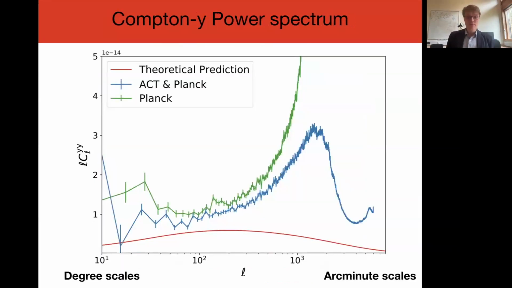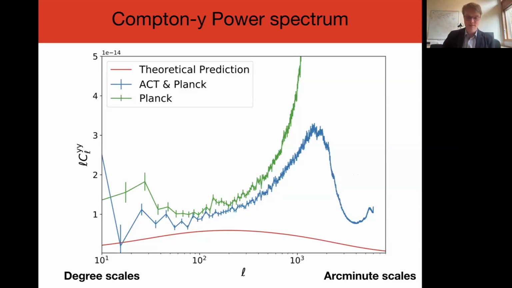More quantitatively, we can compare this by looking at the power spectrum, which measures the variance as a function of scale. Again, to remind you that L here is inversely proportional to angular size, so small angular scales correspond to large values of L over here. We compare our measurements. The measurements of the power spectrum are shown in green here from the Planck-only data, with our ACT plus Planck map shown in blue here. And really what you can see is that on very small scales, there is a really dramatic improvement that comes from adding the really high-resolution data we have from ACT.